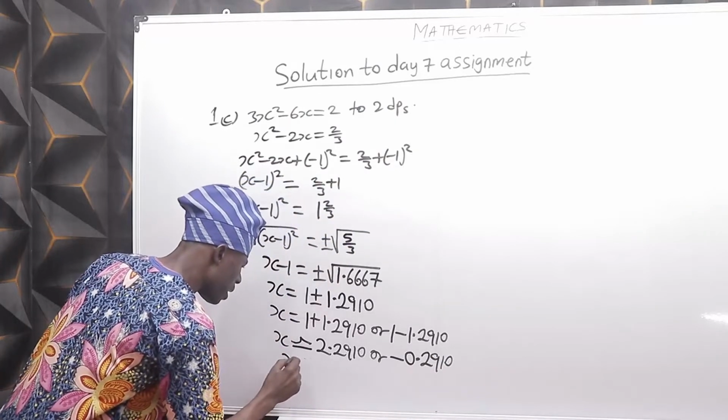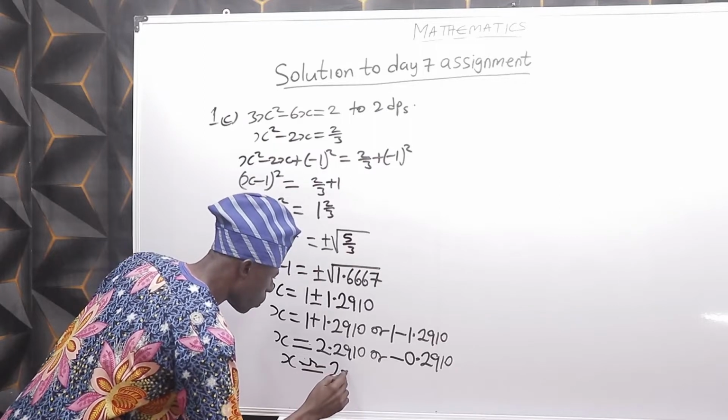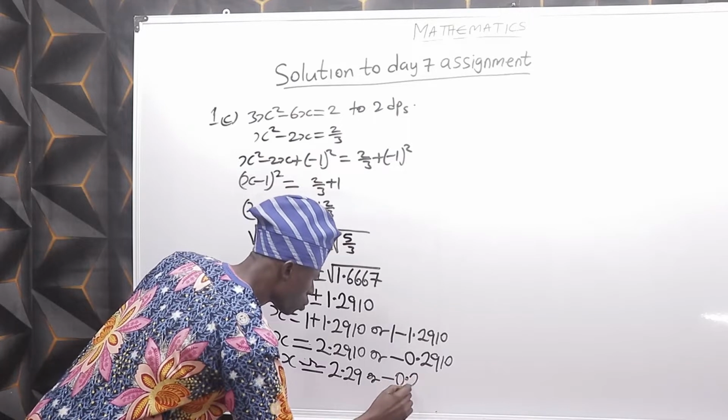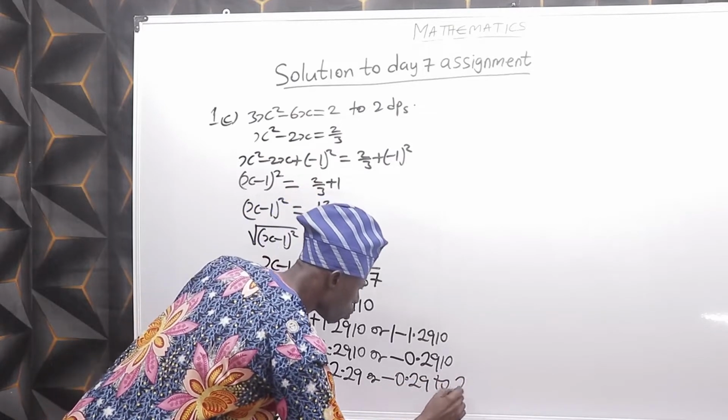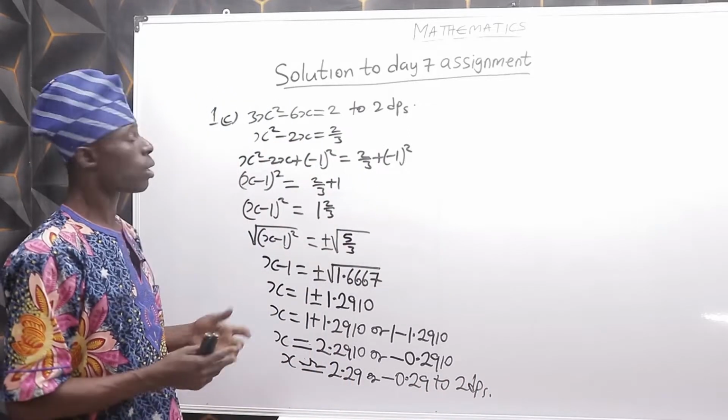And finally, x is approximately equal to 2.29 or minus 0.29 to 2 decimal places. And that is the end of that question.